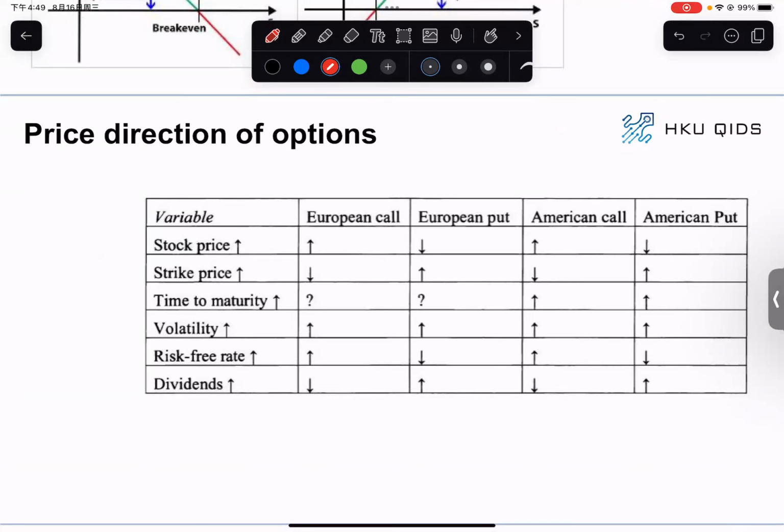You need to know how the price of the option is going to change according to the stock price ST, the strike price K, the time to maturity tau, volatility sigma, risk-free rate r, and dividend y. Okay, let's talk about it one by one.